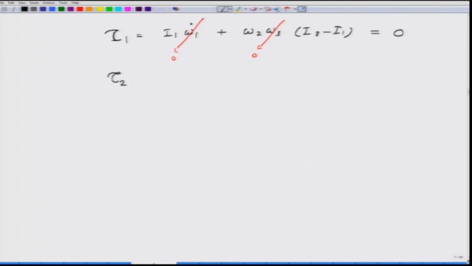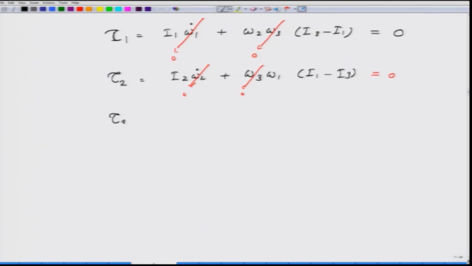Tau 2 similarly is I2 omega 2 dot plus omega 3 omega 1 (I1 minus I3), and again omega 2 dot is 0 and omega 3 is 0, and therefore, this whole thing is 0.